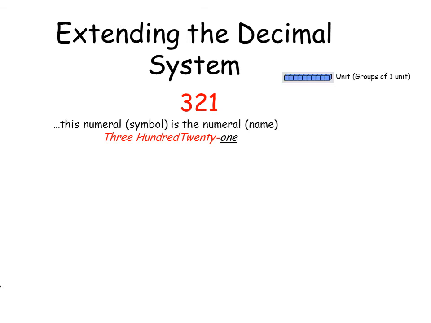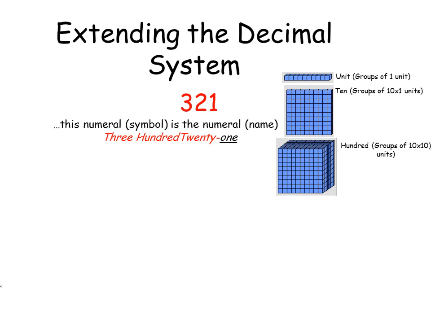Now, if the rod is my 1 unit, then that means 10 rods would be 10. And that means that 10 tens, or 10 of the flats, would be the cube, or 100. Notice I don't have a material that's bigger than the cube to represent the 1,000.